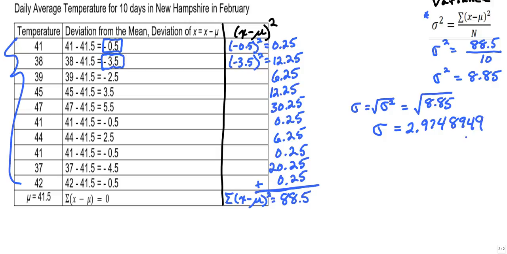Generally speaking, we're going to round to between 1 and 3 decimal places as indicated in the assignment. In this particular case, let's round it to 2 decimal places. So let me write that down. We will round to 2 decimal places.